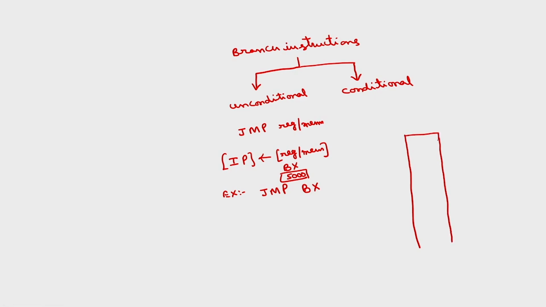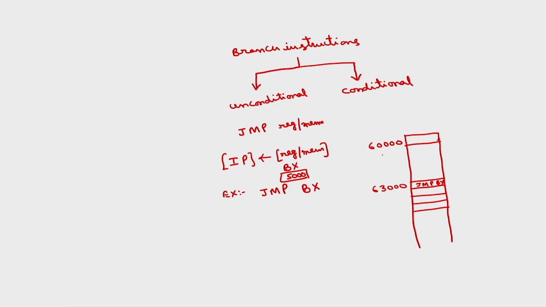This is the starting of the code segment, say 60,000 H. Suppose the microprocessor is executing this jump BX instruction, with BX contents 5000, located at say 63,000 H.